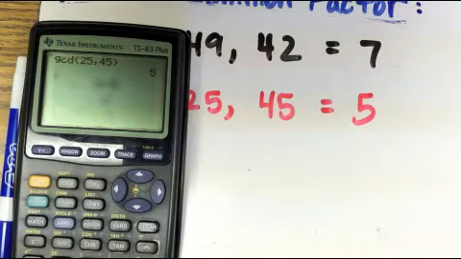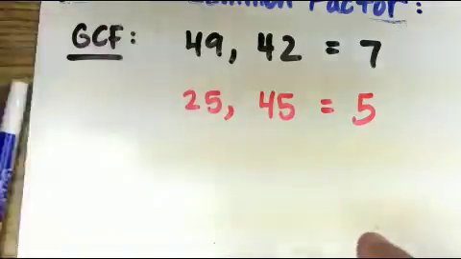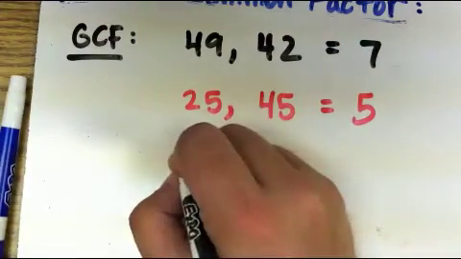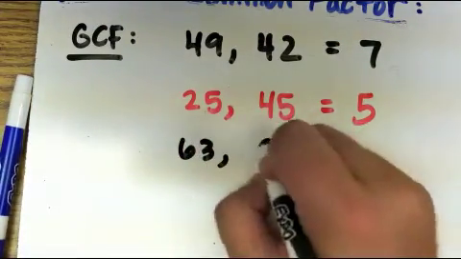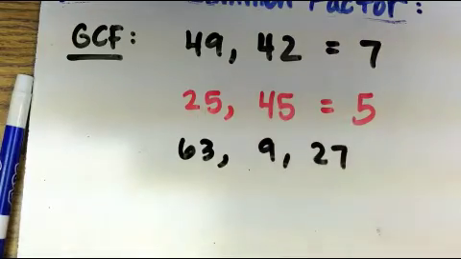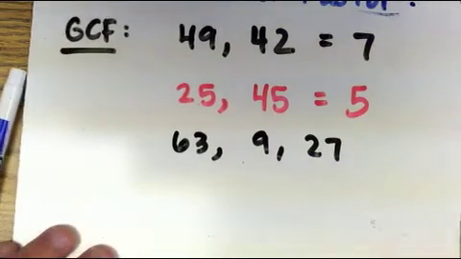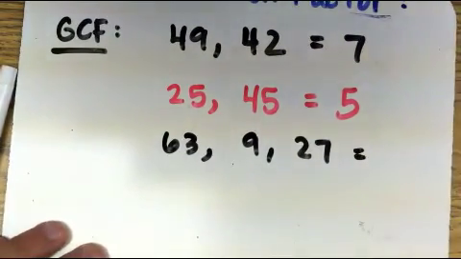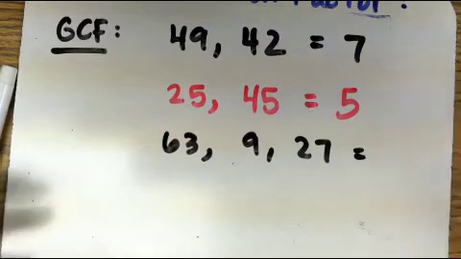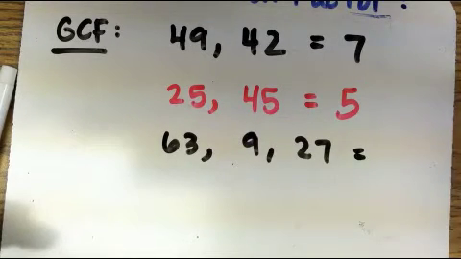Now, there's a downside to this, and that is, what if I gave you 3 numbers? So what if I gave you this? 63, 9, and 27, and I want the GCD of that. Well, unfortunately, the calculator, guys, can only handle 2 numbers at a time.